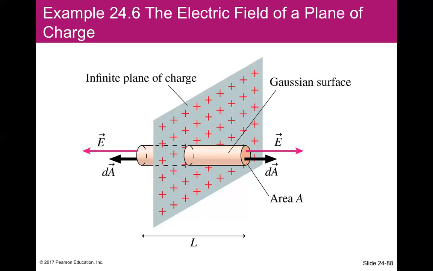So there are no field lines going out or coming in through the side surface, which means the flux of the electric field on the side surface is 0. And then the flux on the two end surfaces can be calculated as E times dA.